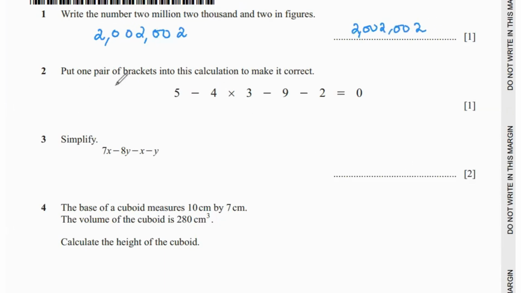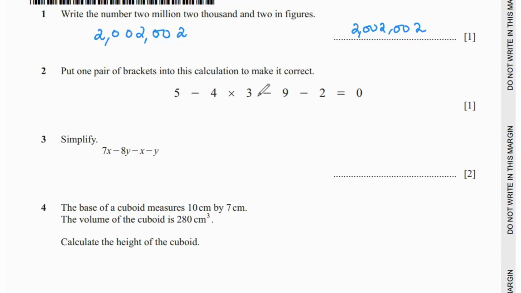Next question says put one pair of brackets into this calculation to make it correct. So we have 5 minus 4 times 3 minus 9 minus 2 equals 0. We're supposed to put brackets around 2 or more numbers to see what gives us 0.